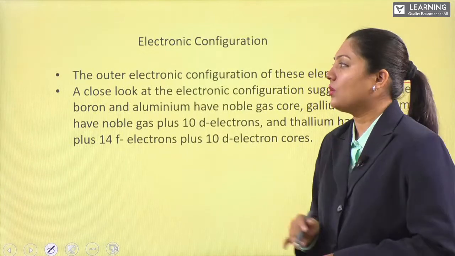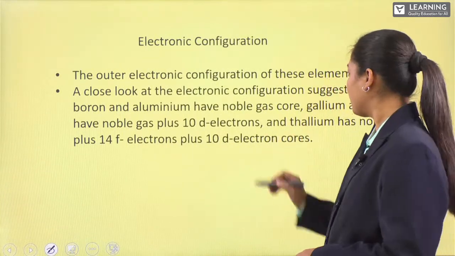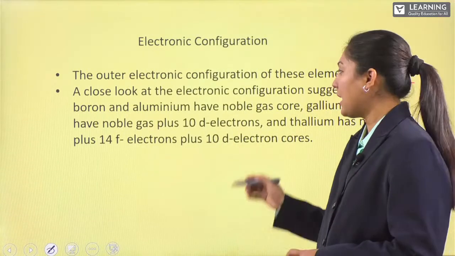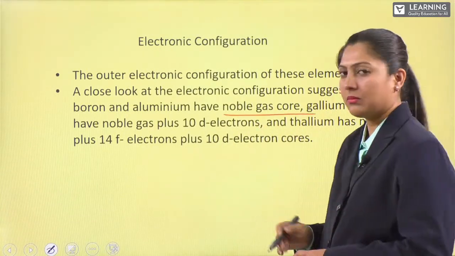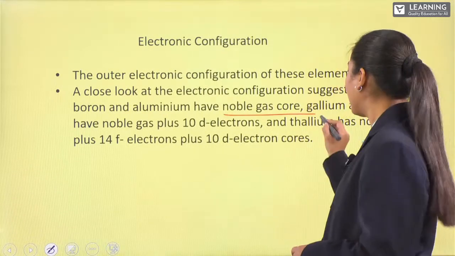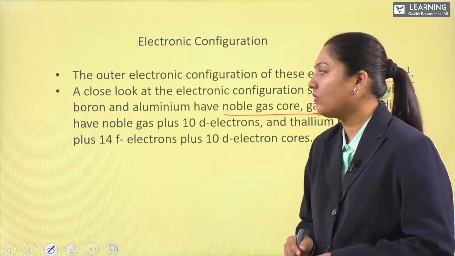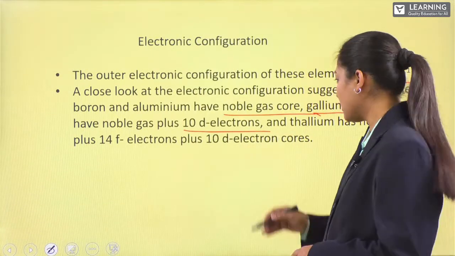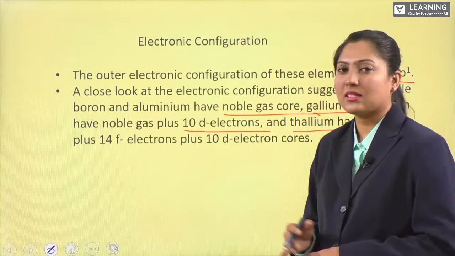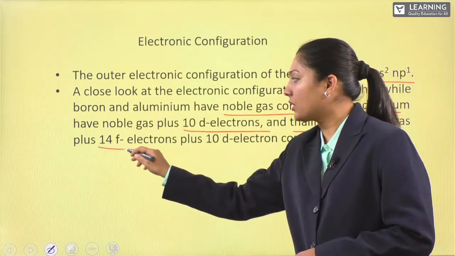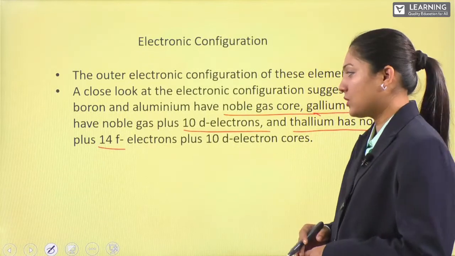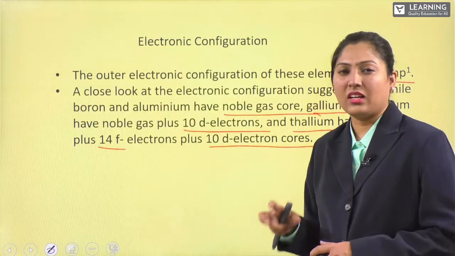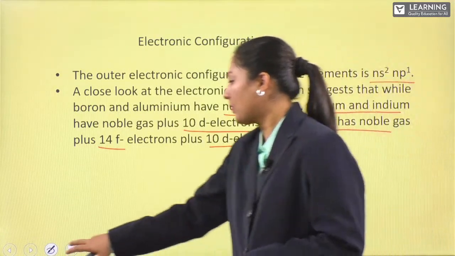So a close look at the electronic configuration suggests that while boron and aluminium have a noble gas core, gallium and indium have noble gas plus 10 d electrons, and thallium has noble gas plus 14 f electrons plus 10 d electron cores.